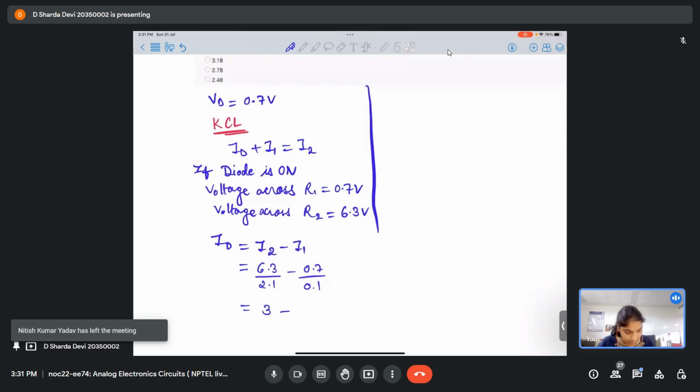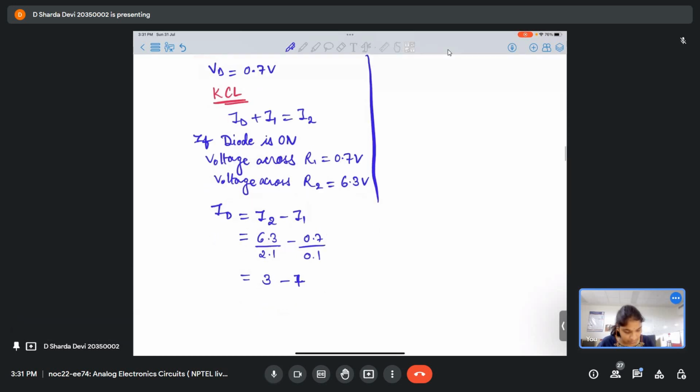This will be 3 minus 7, which is minus 4, right? So ID is minus 4 milliamps.